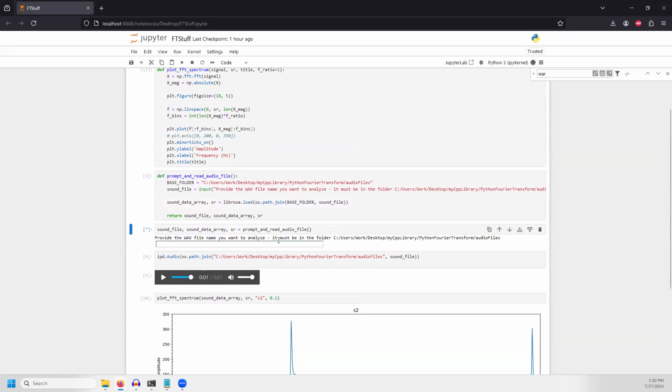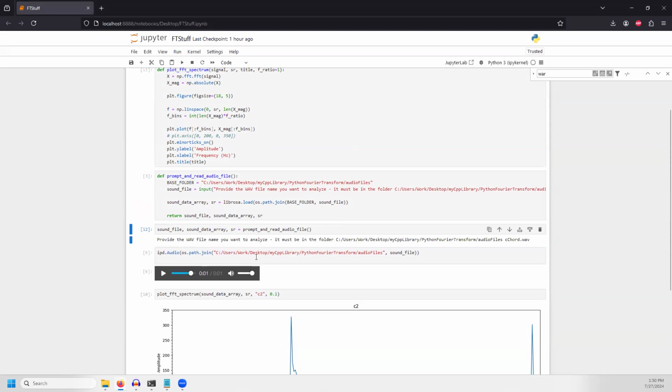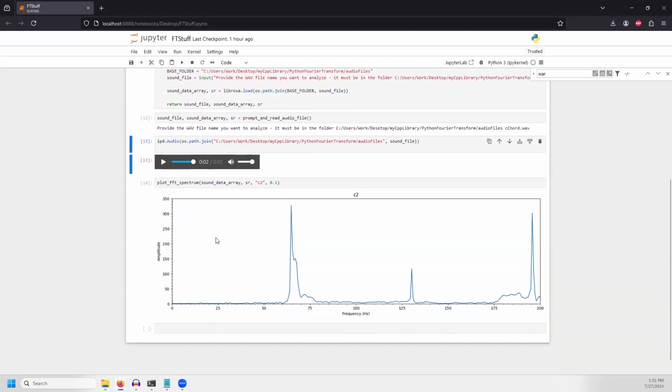Okay, so now it's going to be C chord. I think I named it C chord. Okay, it seems to have found it. Nice and loud, so it's going to be quite a bit louder.